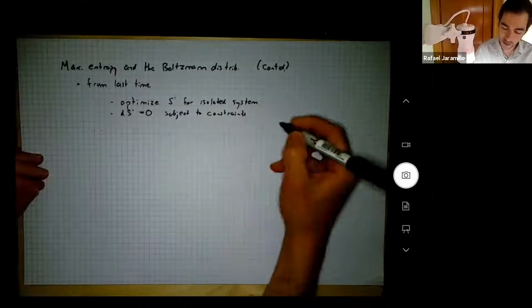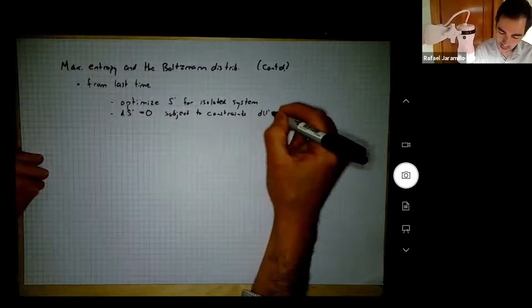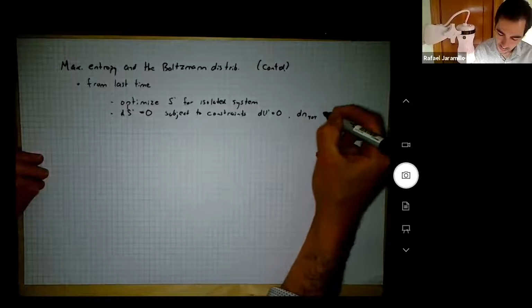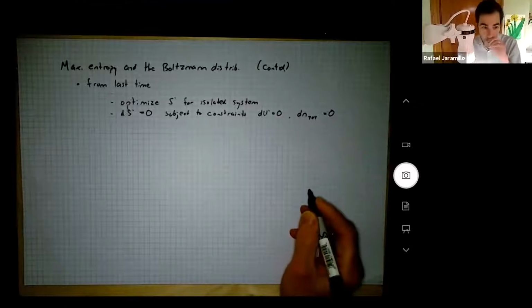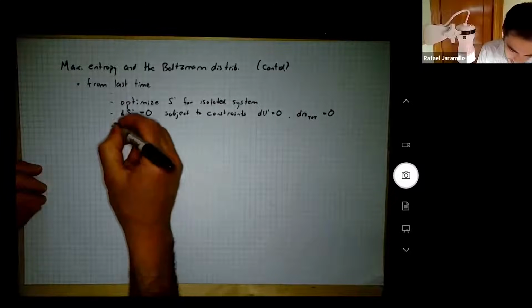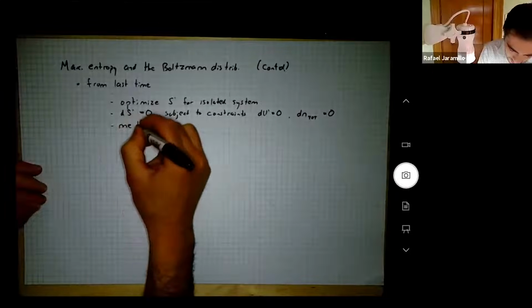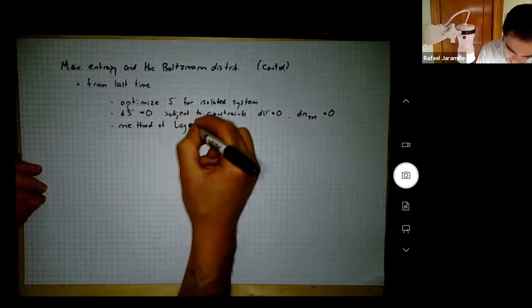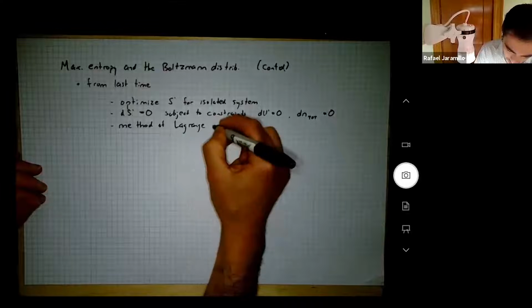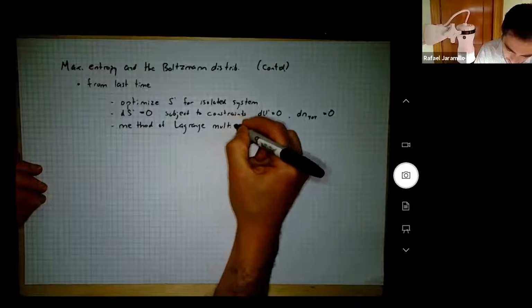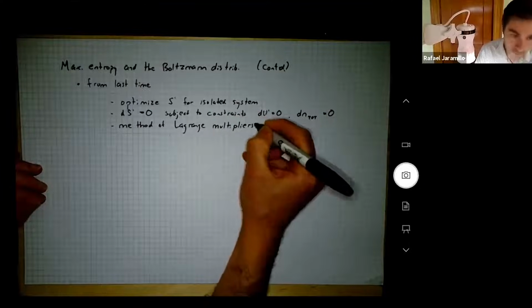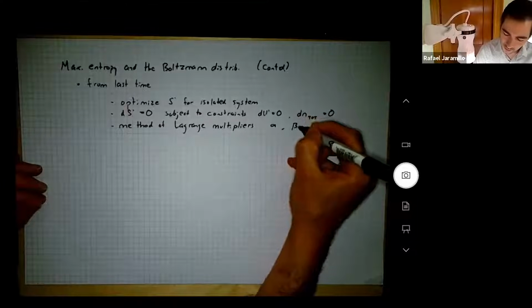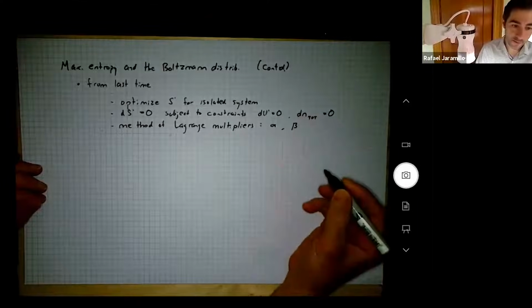The constraints being conservation of energy and conservation of mass. And we're going to do this using the method of Lagrange multipliers.